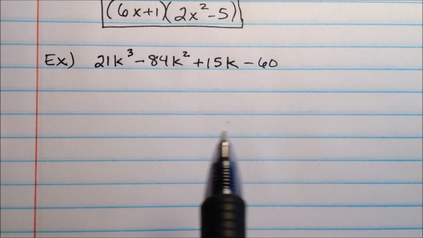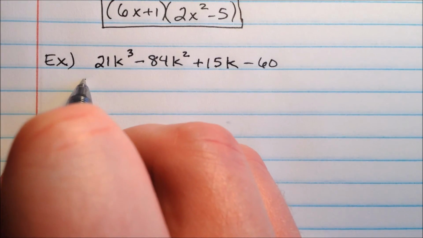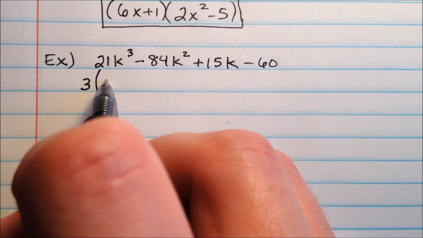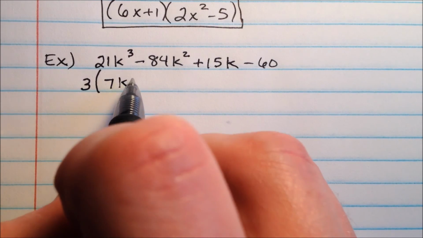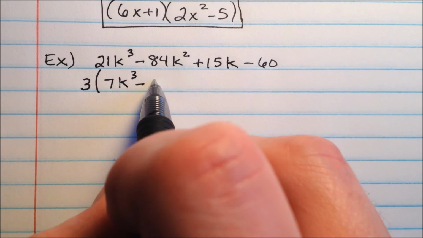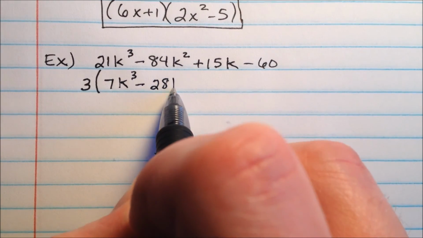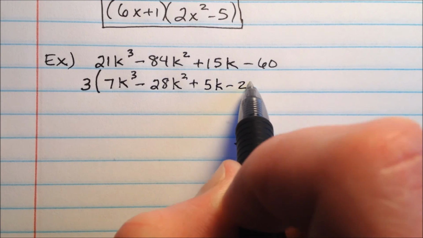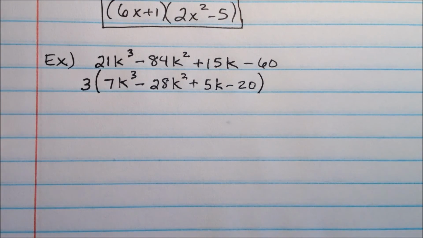And what is that common factor? It looks like it's going to be a 3. So I can factor a 3 out of this problem before I ever get started. So let's look at what's left. I'm going to have 7k cubed minus 28k squared plus 5k minus 20.